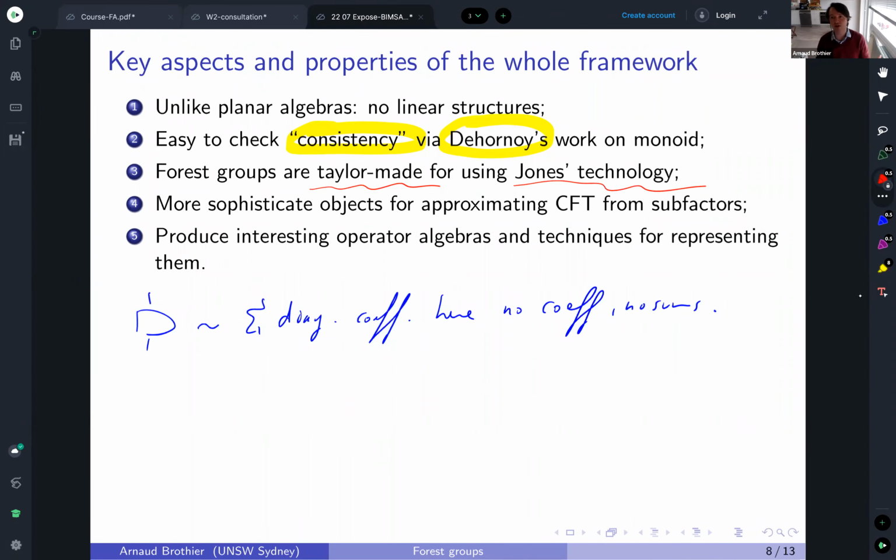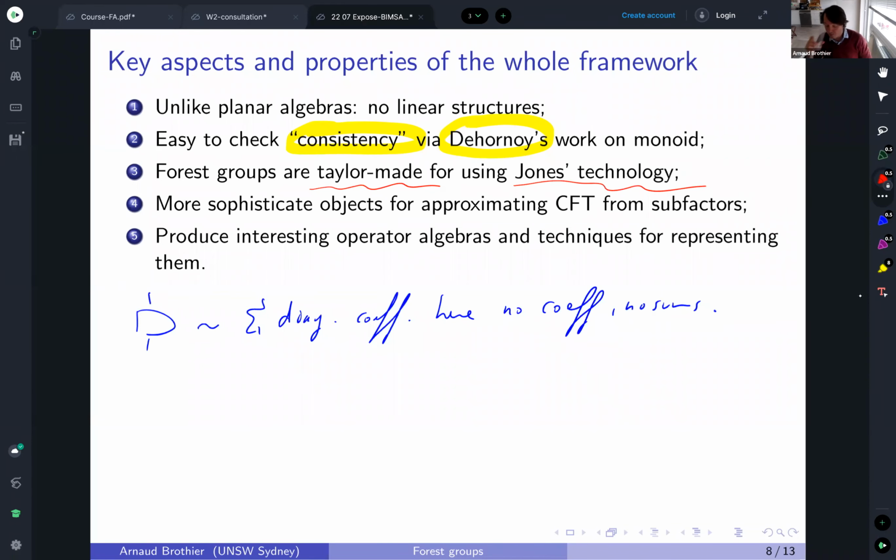I will have tons of actions. Moreover, the technology of Jones is extremely nice because everything is very constructive. If you know Jones, you know that he always cared that you want something effective: you can see it, you can touch your example. That's exactly what his technology is doing for us.